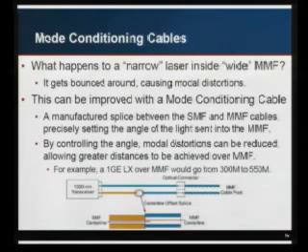Another thing that you can do with multimode and single mode fibers is jumper them together. What happens? You have a very narrow laser coming from a single mode fiber going into a very wide situation. And basically what happens there is it still gets bounced around. But if you have some multimode plant, you can improve the characteristics by using a mode conditioning cable.